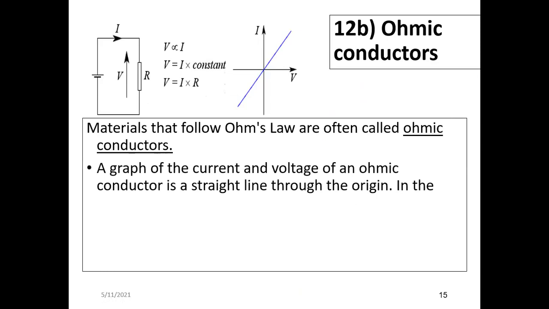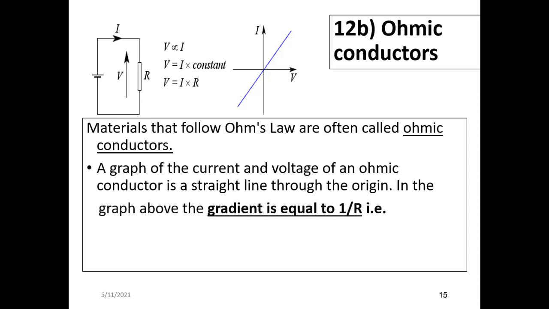So the graph of current against voltage of an ohmic conductor is a straight line passing through the origin, and the gradient is 1 over R. Okay. Can?